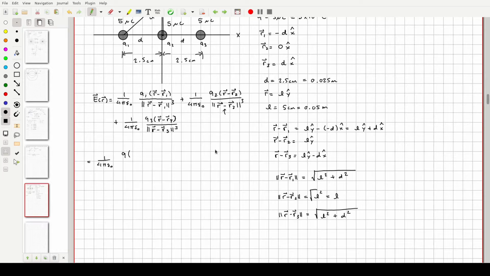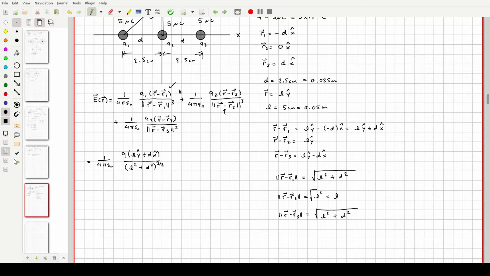R minus R1 is L y hat plus D x hat. So that's this, divided by the length of R minus R1 cubed. R minus R1, the length is this. When I cube it, I get L squared plus D squared raised to the 3/2 power.